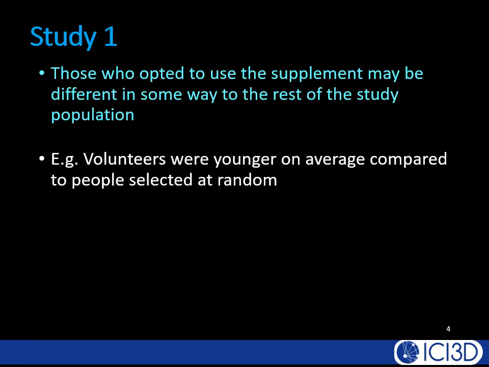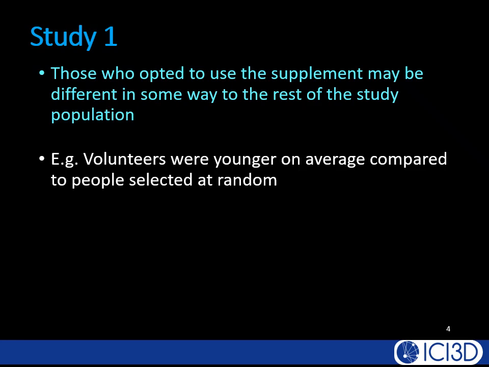The challenge here when interpreting the results is that volunteers may be different in some way from those who do not volunteer. For example, your volunteers could have been younger on average compared to people selected at random from the workplace. It might also be that your volunteers were people who were more interested in their health.